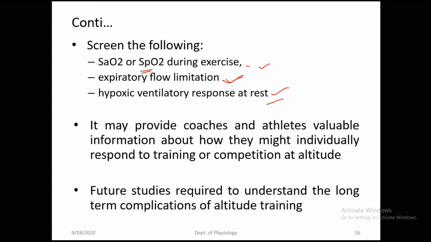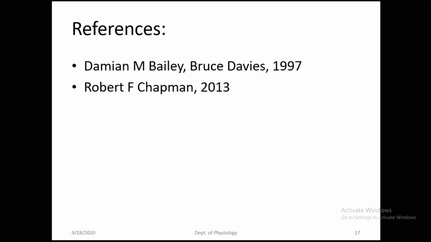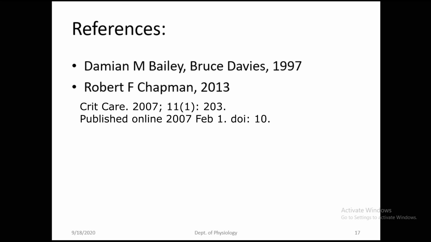And the coach must have a proper idea about the athlete before embarking on the high altitude training for its benefits. So this is all about high altitude training and high altitude physiology, physiological implications, and types of training in the hypoxic chamber.